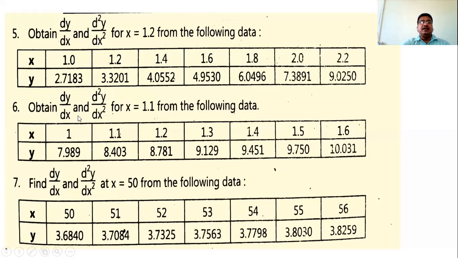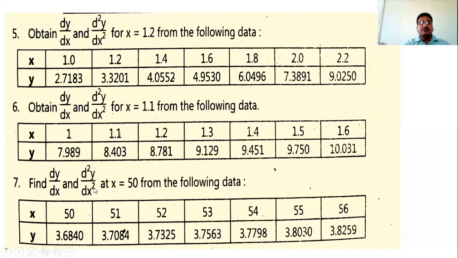The next problem, number 6: find the derivative of first order and second order at 1.1. Again, this is given in the table and at the beginning of the table. So for this problem the method is the same: prepare the forward difference table and use 1.1 as the first point, that is x0.